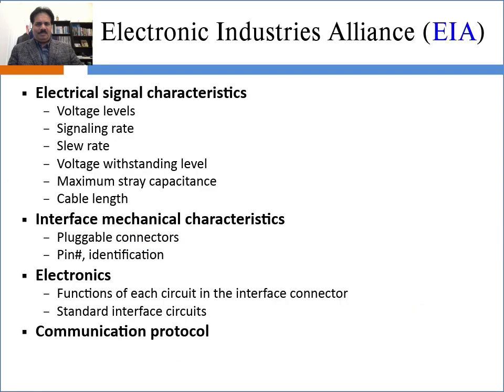The question is who actually does the standardization. There are, in fact, international organizations who standardize or provide guidelines for these kinds of standards. So, the Electronic Industries Alliance or EIA is very popular. They standardize all sorts of communication related interfaces, and it includes electrical signal characteristics, voltage levels, for example, signaling rate, voltage withstanding level, maximum stray capacitance.